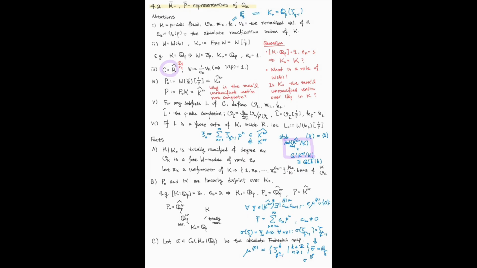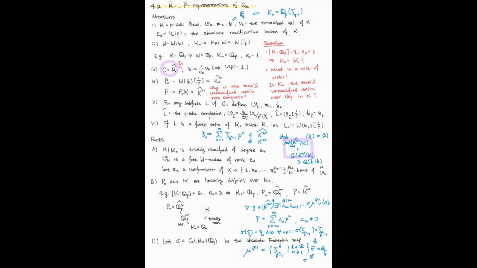O_L hat is the projective limit, and L hat is just the field of fractions, and then k_L hat is k_L. And if L is a finite extension of K0 inside K bar, let L0 be the ring of Witt vectors of k_L with 1 over p inverted. And there are some facts.